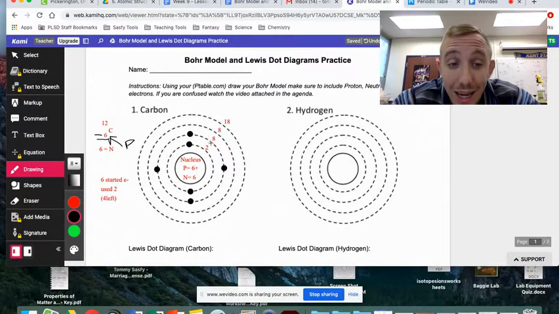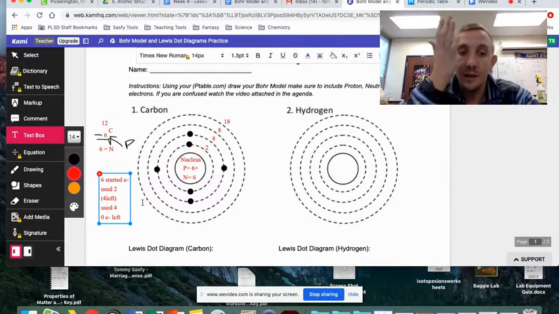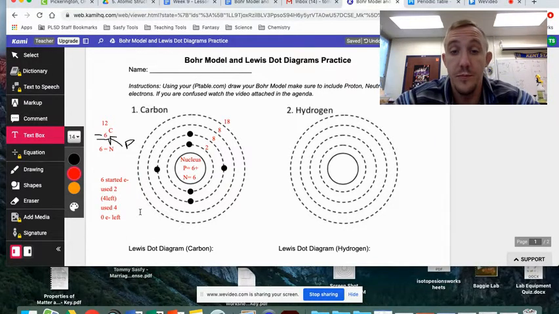I can hold 8, but I only had 4 left. So in doing so, I have no more electrons left. I just used 4, and I have 0 electrons left. That is how I know I'm done.